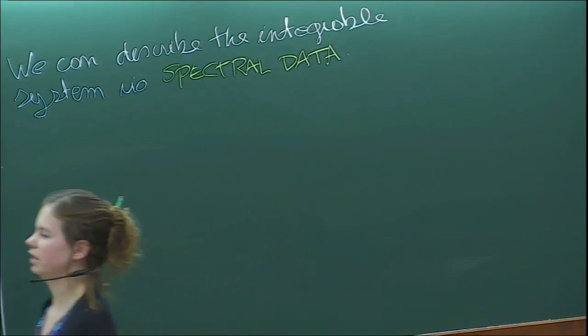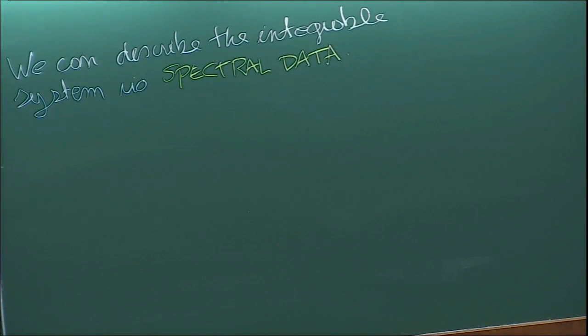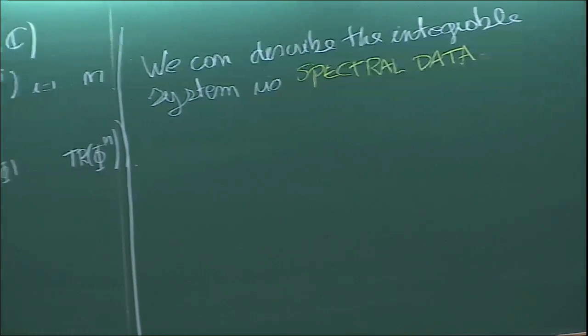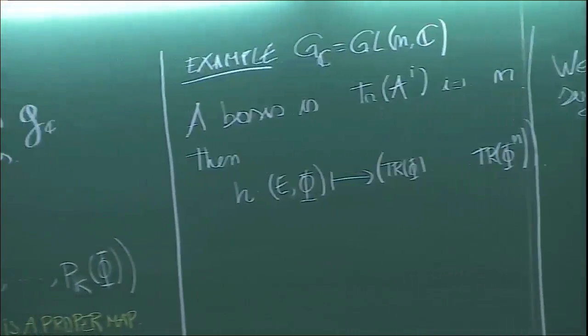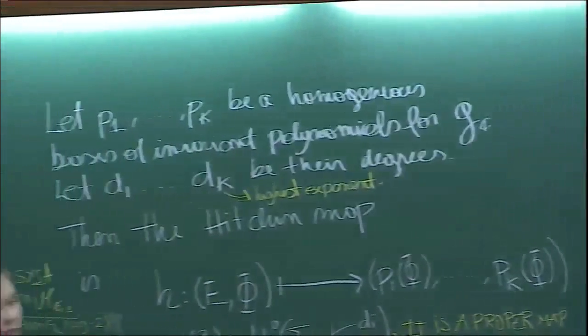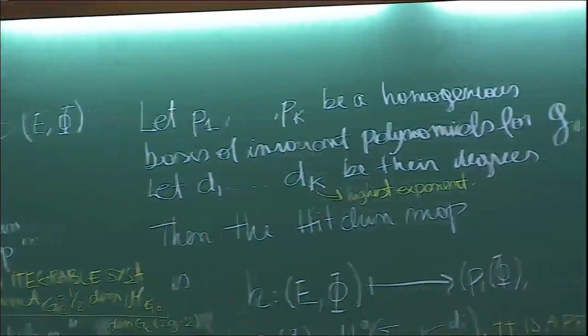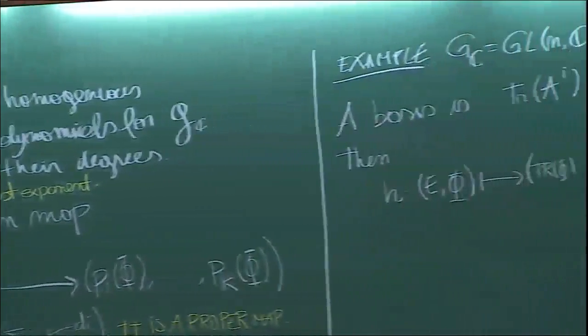And what is spectral data? It is the information that we're getting from a point in the base. The point in the base will give us a curve, a spectral curve, and the fiber will be described by a certain line bundle, or vector bundle in some cases, over that curve.